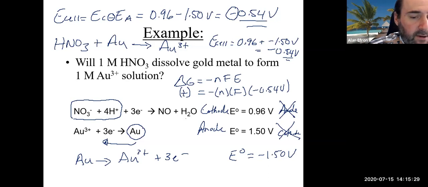And the more positive one is technically going to be your cathode, but it will only really be your cathode if you're not told any information about what is happening. But very specifically in this problem, it said, will nitric acid dissolve gold metal, which are these two guys here.